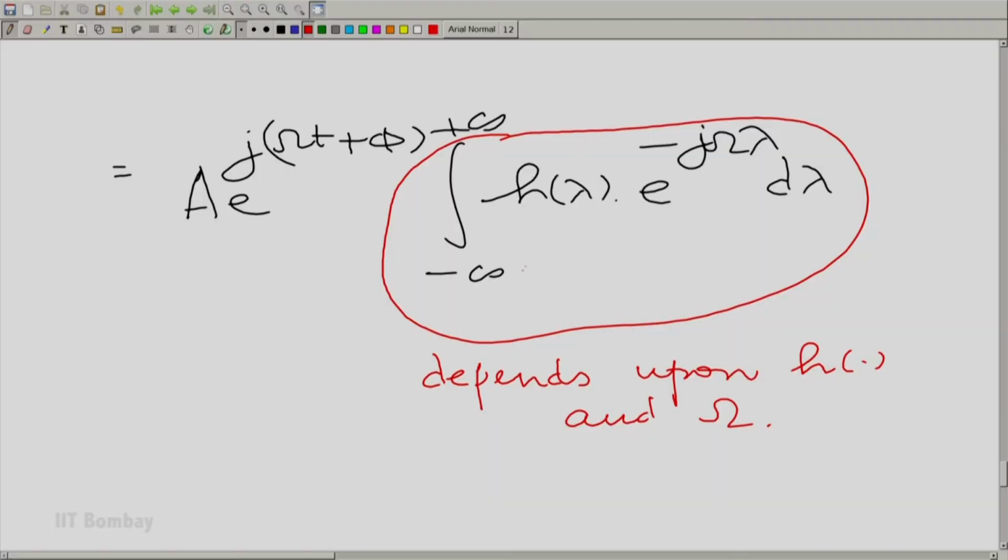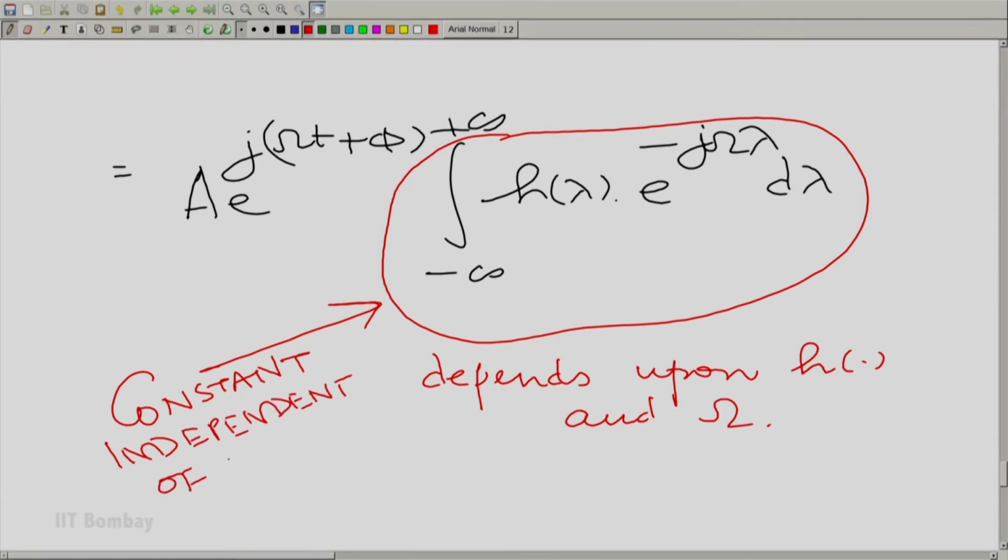Now, note here, look at this expression. This expression is a constant independent of time, and the constant depends on the system, namely its impulse response, and of course, the frequency or the angular velocity of rotation, omega.